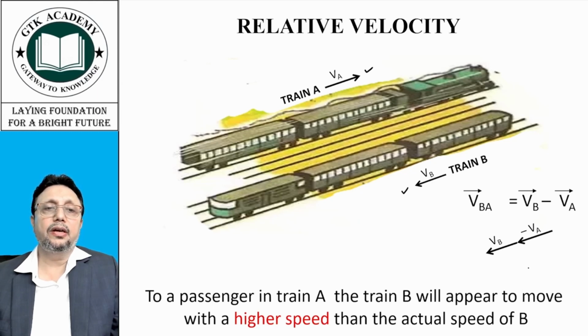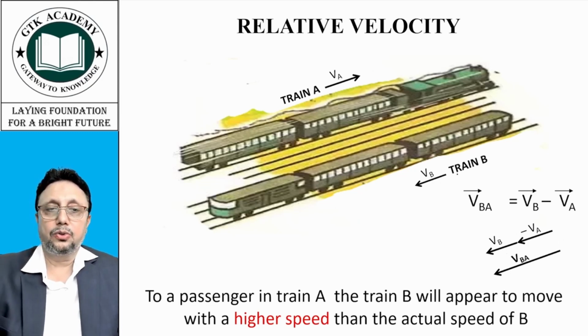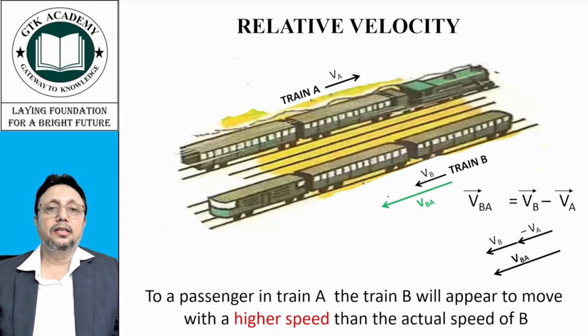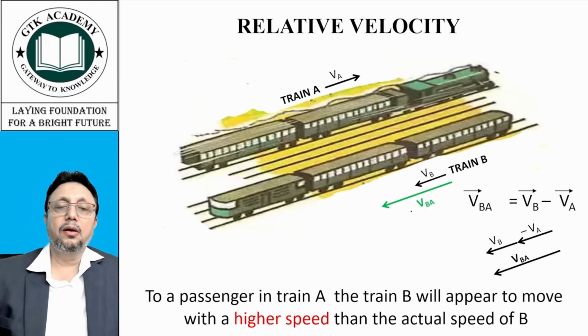That is minus VA. So this will be the magnitude of VBA. You can just imagine, I'll take this vector and put it here. So you can see this is VBA. This arrow represented the speed of B, but now just see, this arrow is much bigger, that is, the speed is much higher.